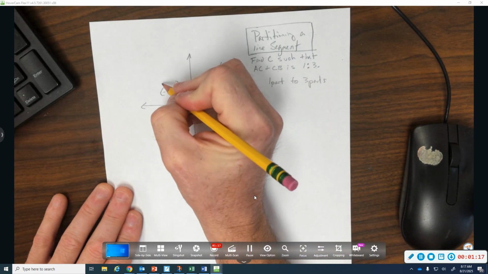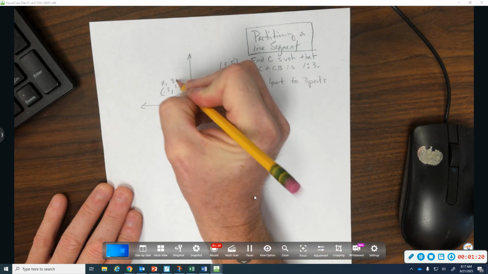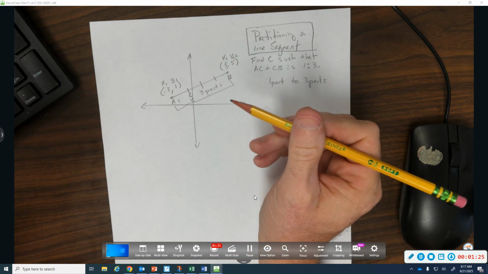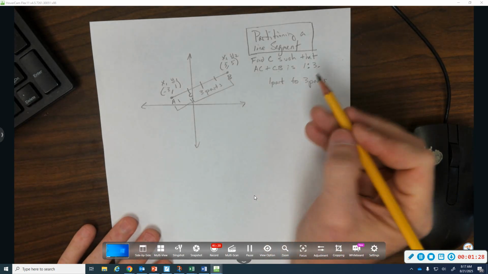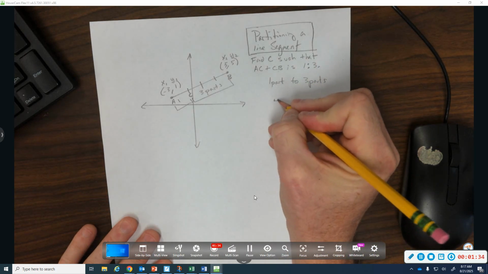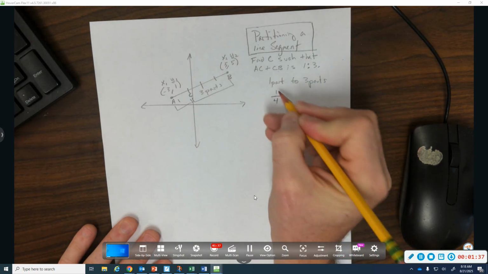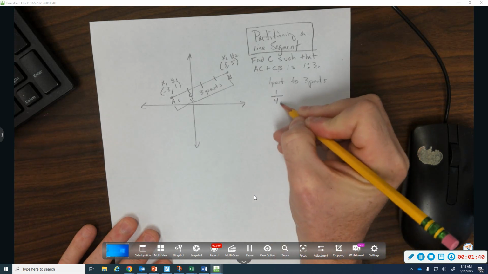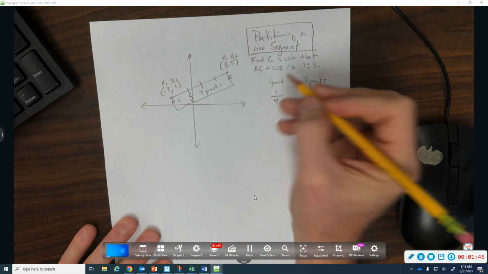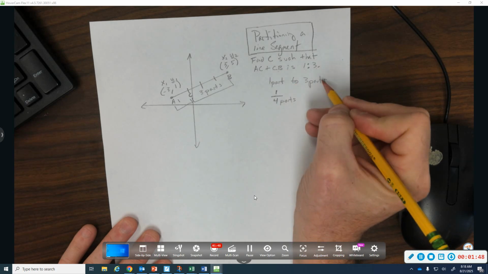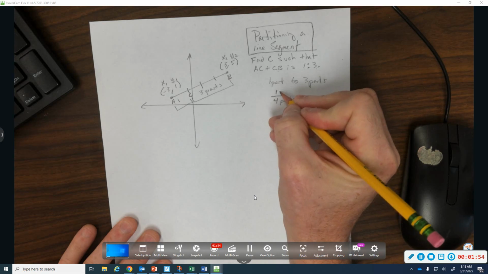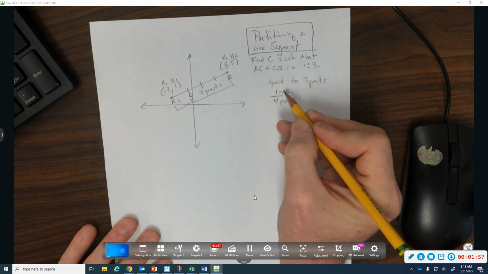Well, this would be an ordered pair, and this would be an ordered pair, and so we're going to use the relationship of the ordered pair distances to figure out where we should be. So if I'm 1 part to 3 parts, there are a total of 4 parts, right? And so I am going to use a fraction of 1 over 4. I have 4 parts total, and the numerator is how far you travel. So AC is the length of 1 part.